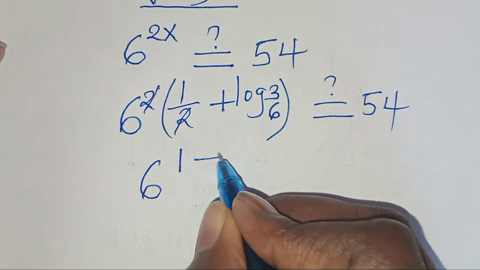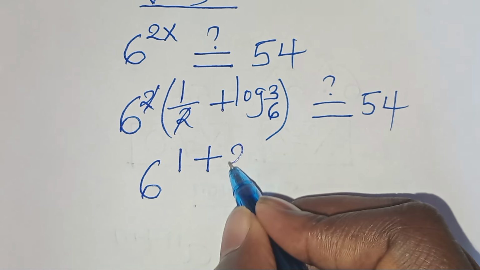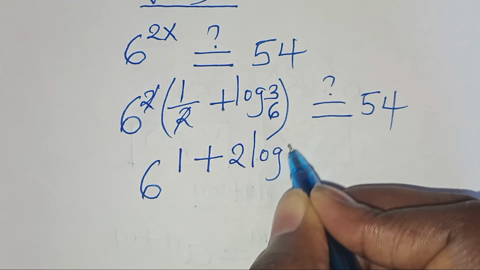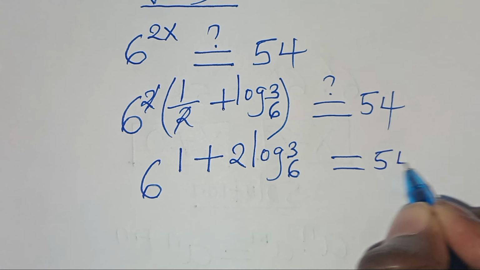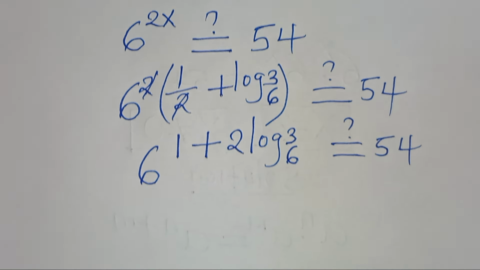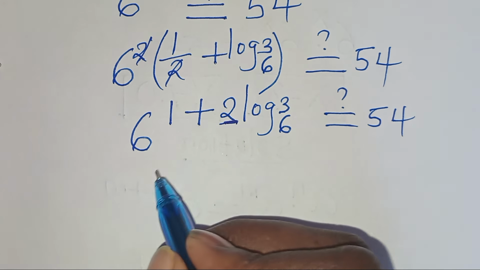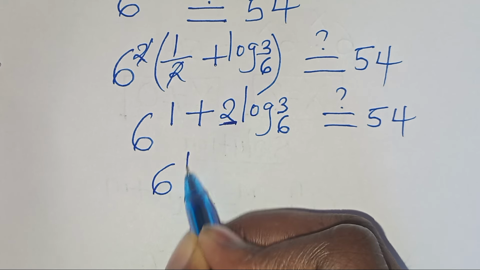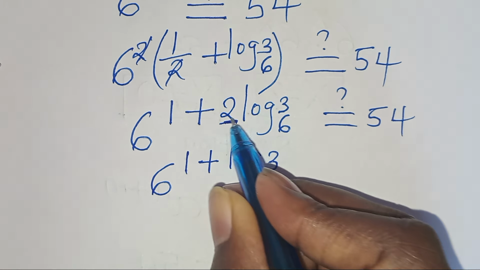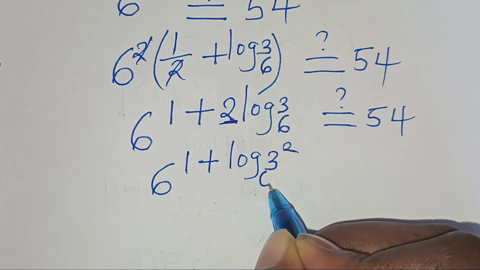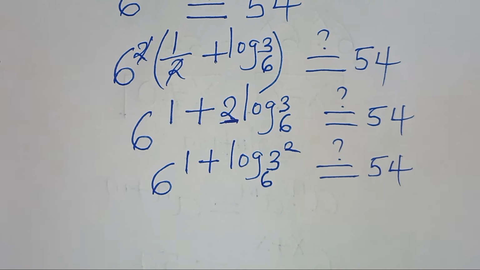So we have 1 plus, now here we have 2 times log 3 to base 6, so this becomes 2 log 3 to base 6. This is supposed to give us a value of 54. The next step is that 2 is a power here, so this means we can express this as 6 raised to the power of 1 plus log 3 to the power of 2, to base 6. This should give us a value of 54.